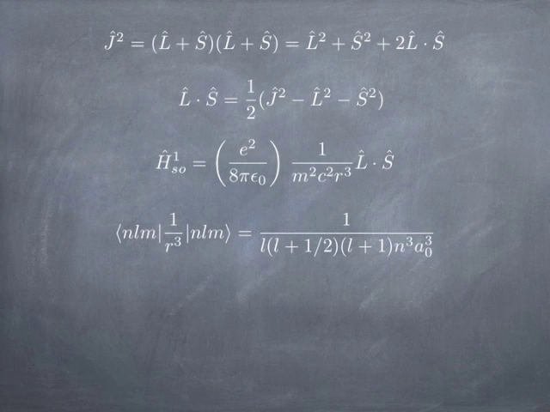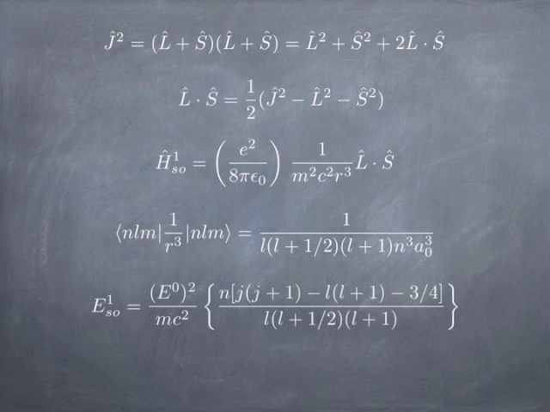And so when the smoke clears and you put everything together, you get the following result: the first order perturbation energy of the spin-orbit coupling goes like J times J plus 1 minus L times L plus 1 minus S times S plus 1. That's just the L dot S term.